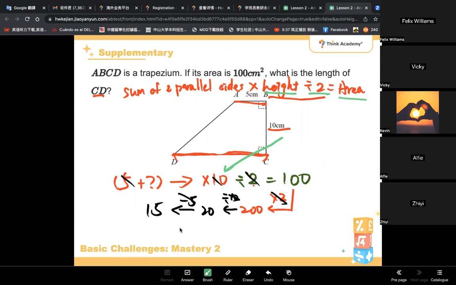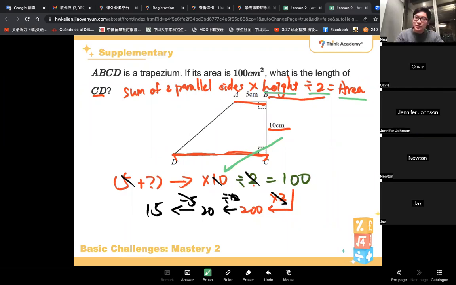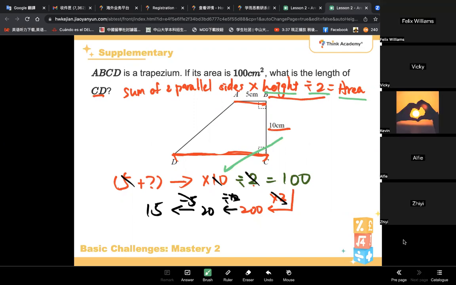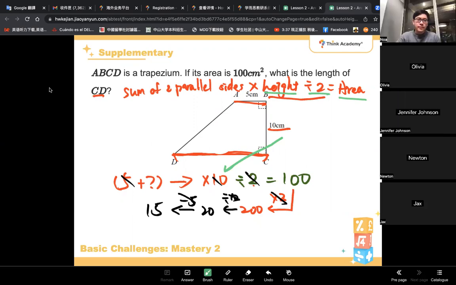Do you get it now, Newton? Don't worry, this is a mastery question, and it's a challenge question. Okay, sort of.